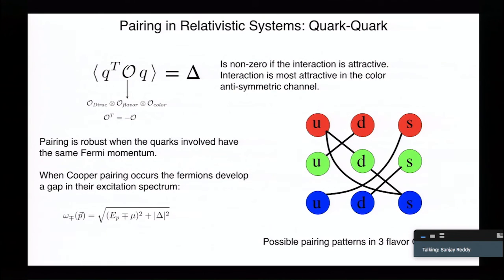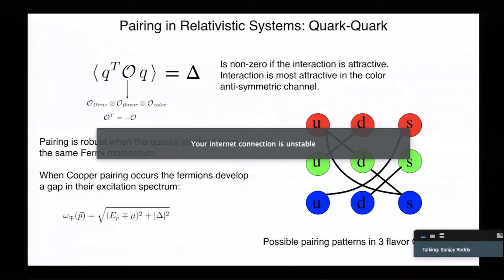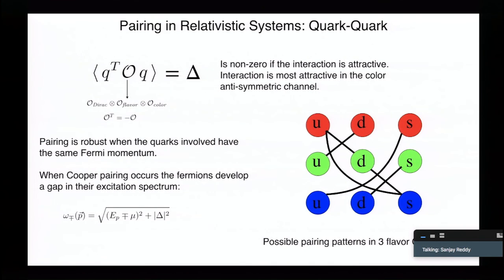So, for example, pairing between a green up quark and a red down quark is very strong compared to the pairing between, say, 2 up quarks. So these are the channels that are going to produce the pairing. The consequence is that once pairing occurs, the quarks that are participating in pairing will have an energy spectrum that differs from that of a Fermi gas.